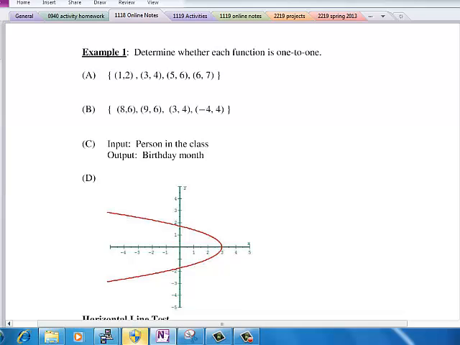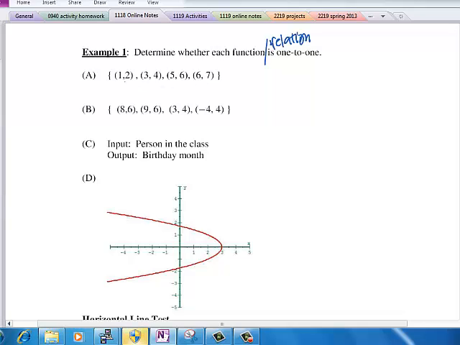So in example 1, we have a set of input-output pairs, and we want to figure out whether the function, or let's say the relation, is one-to-one, function or relation, because some of these are not functions. First, A here, we have 1 is paired with 2, 3 is paired with 4, 5 is paired with 6, and 6 is paired with 7.